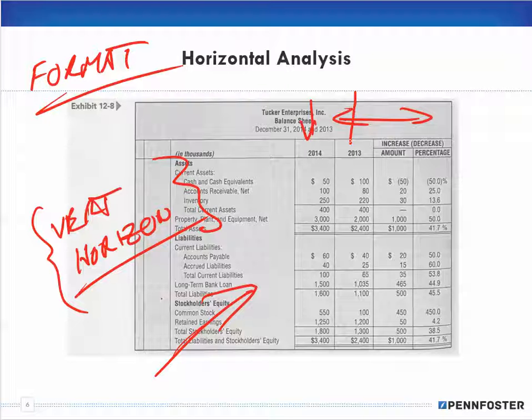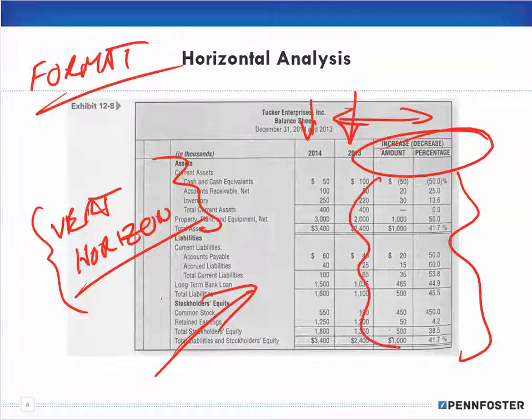You start out with your basic data, and then you create this additional information. Now, that's a mechanical process. You're just creating these numbers. You're not analyzing it at that point in time.